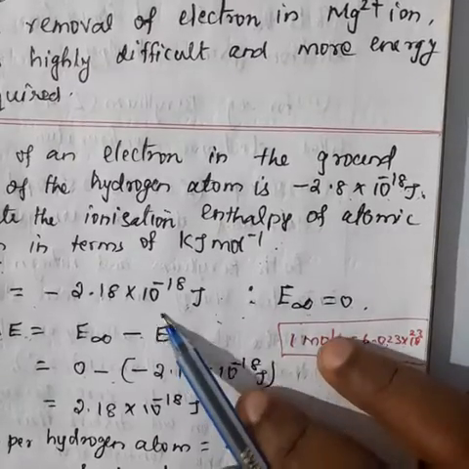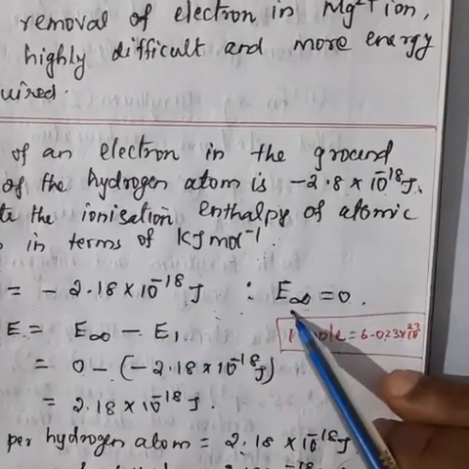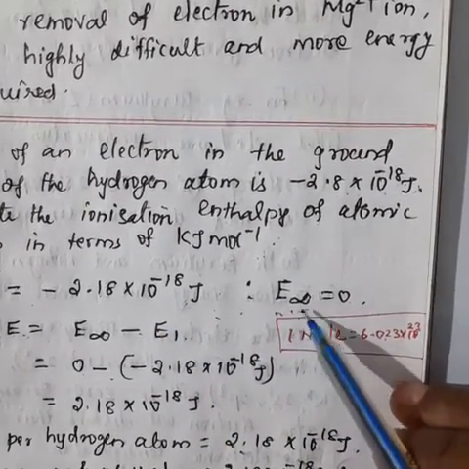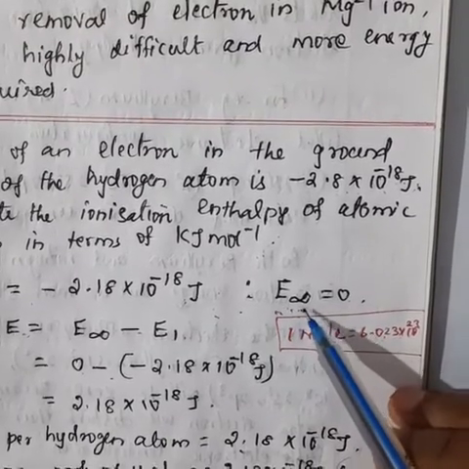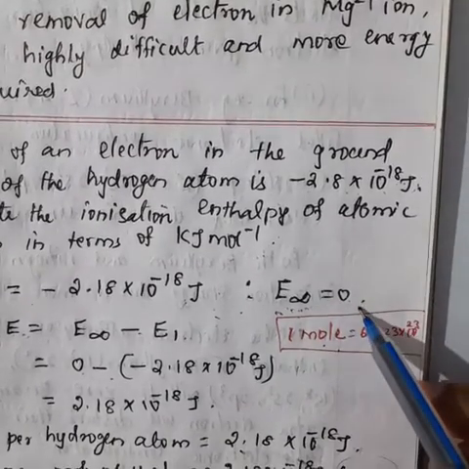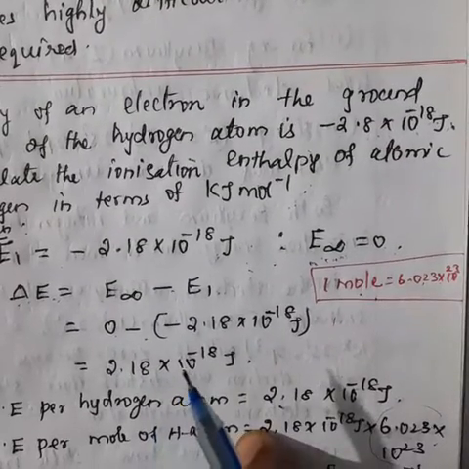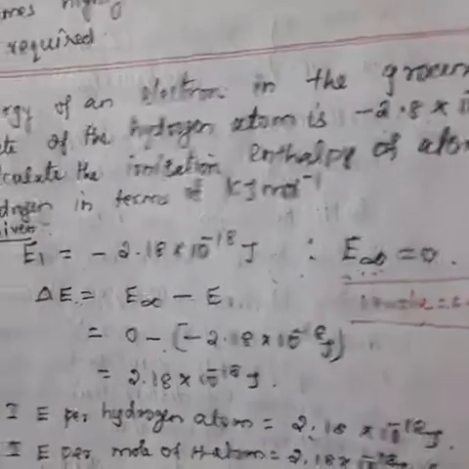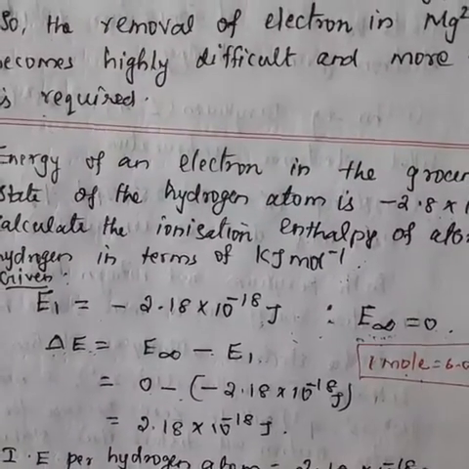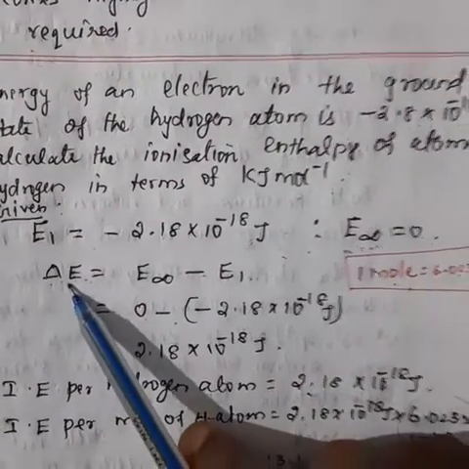E infinity indicates the excited state, so here it is 0. The energy change is E infinity minus E1.